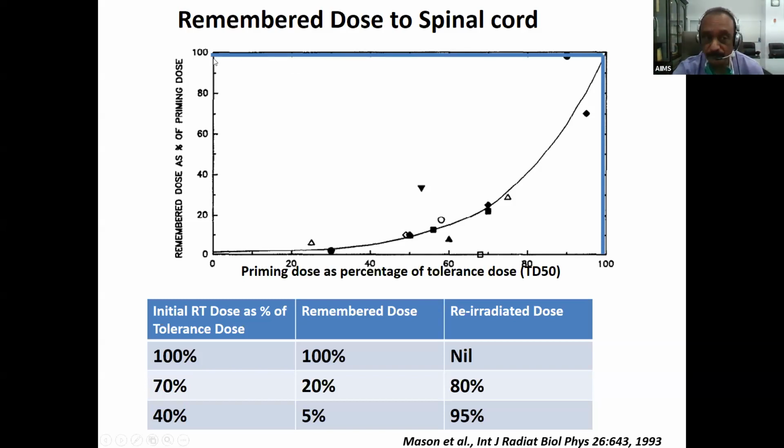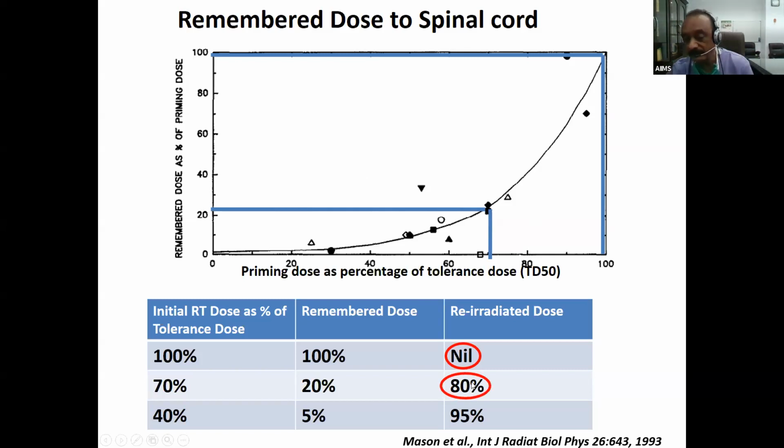It will remember the full dose, and re-radiation probably will not be possible, right? But if you deliver during first irradiation 70% of the 45 gray, that means 70% of the tolerance dose, then it will just remember 20% of the tolerance dose, which means that you can still deliver 80% of the tolerance dose to the spinal cord during second irradiation.